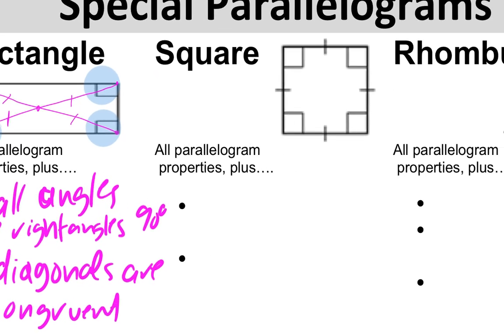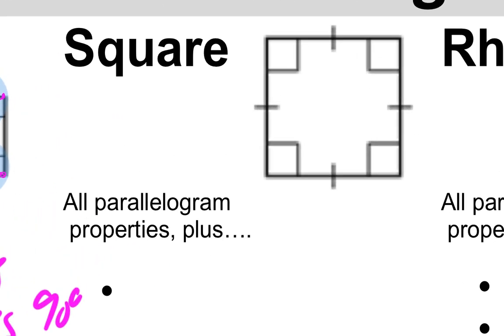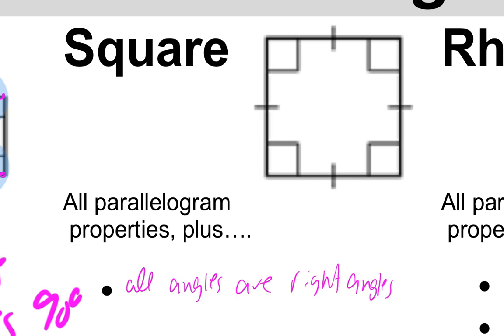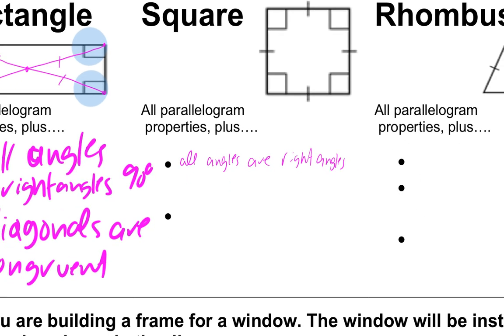Next, a square. A square is a parallelogram, because we know these are parallel, those are parallel, plus all angles are right angles. And then the last thing is not only are all angles right angles, but all sides are congruent.